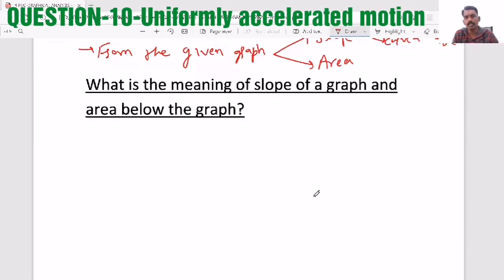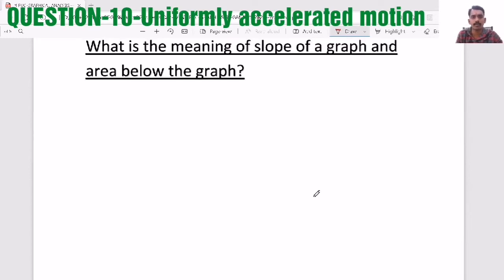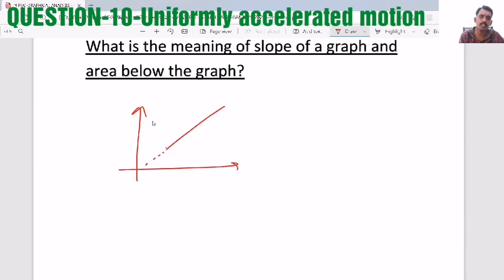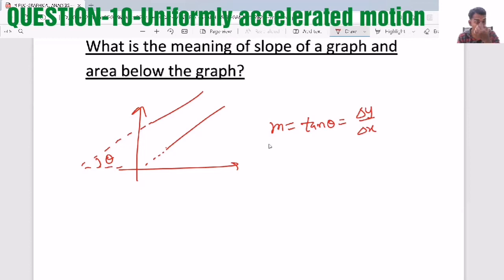Now, what is the meaning of the slope of a graph and the area below the graph? See, if there is a straight line graph and you extend it, it can intersect the x-axis at some point with some angle. Then slope m equal to tan theta equal to delta y by delta x. Or if it is a curve, that means delta x tends to 0 at any one point.